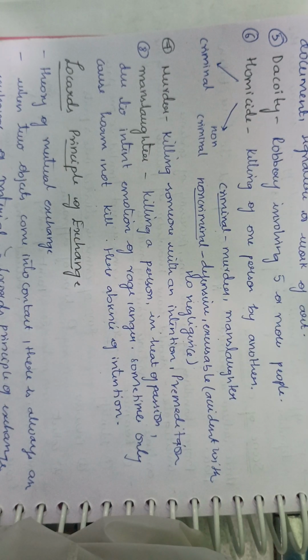So manslaughter is when you're talking with some person who tries to provoke you, and without control of your emotions you get angry and enraged, and you want to hit or hurt the person, and in that case if you hit them or accidentally kill them, that's known as manslaughter. We don't have any intention, we don't plan to murder them from a long time ago. It's just a quick action.